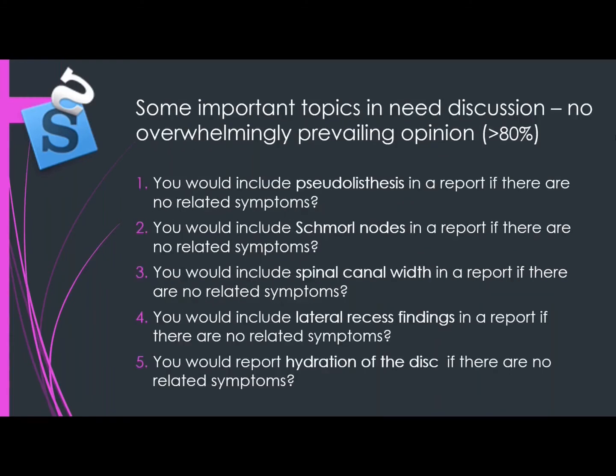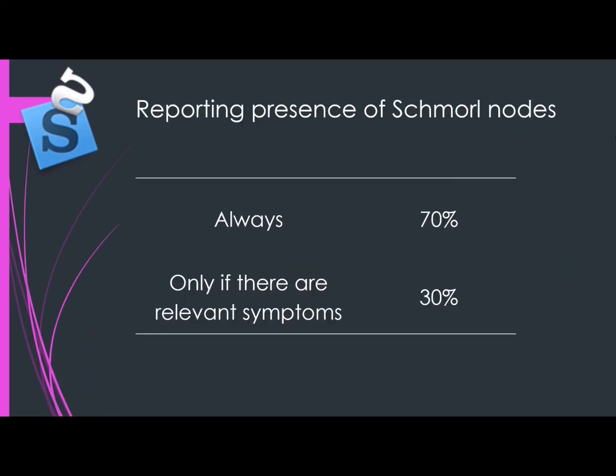Next up, we have a few select topics which still lack consensus, but there is no overwhelmingly prevailing opinion. These include the mention of pseudolisthesis in a report without symptoms, Schmorl nodes, spinal canal width reporting, disc hydration reporting, and so on.